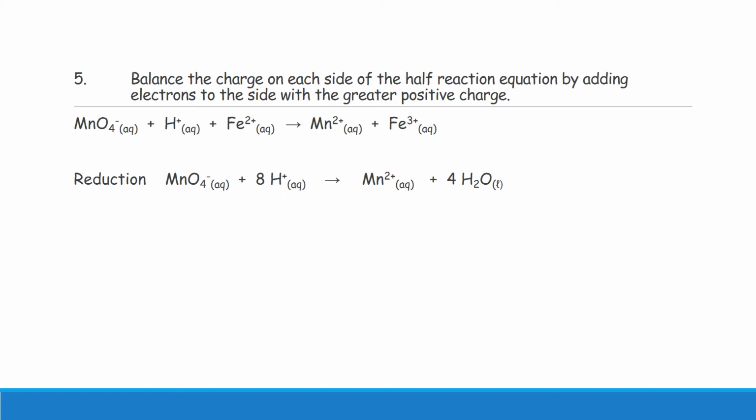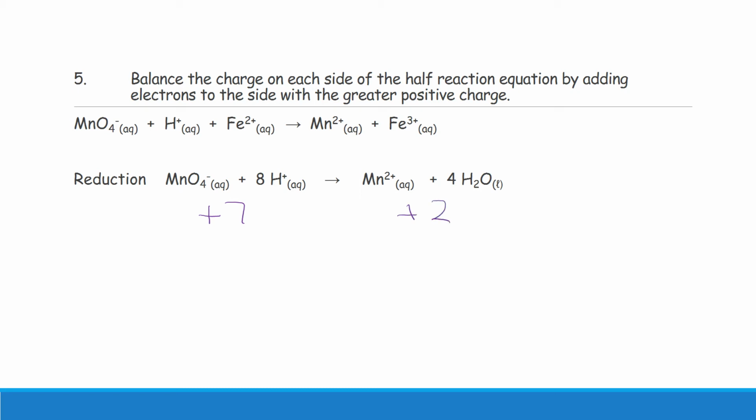So, to the reactant side, this one has a charge of -1 plus 8 lots of +1. So -1 plus 8 lots of +1, the reactant side has a charge of +7. On this side, we've got +2, add 4 lots of 0 for a compound, so this side has an overall charge of +2.